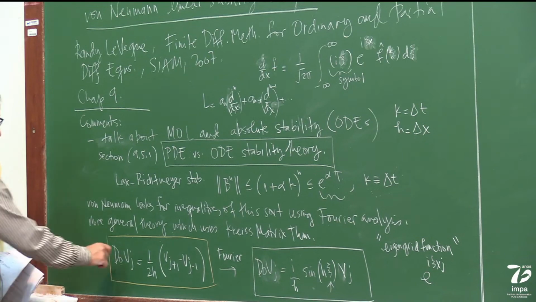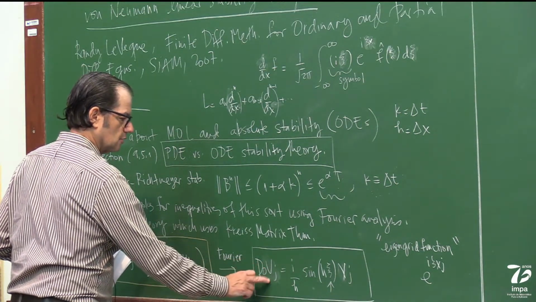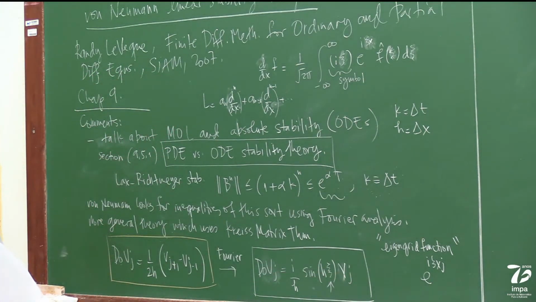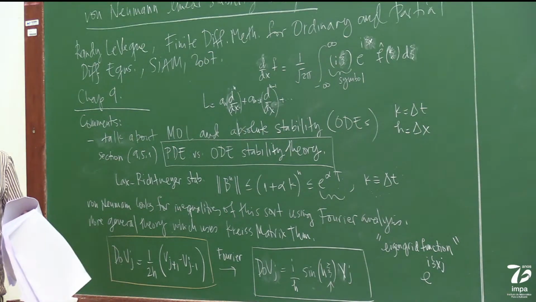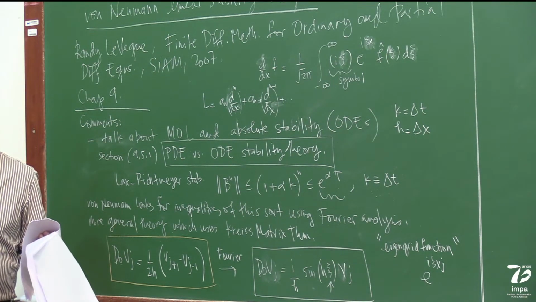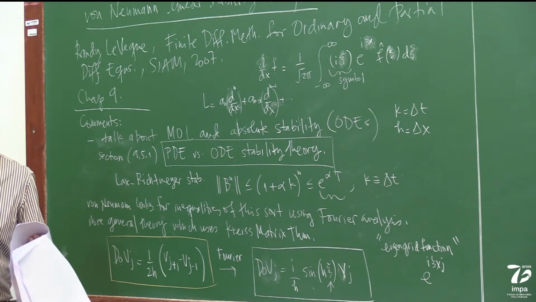Because if I apply this operator to e to the i xi x_j, we get this eigenvalue times the same function. This is a little bit like what I mentioned in the Crank-Nicolson problem: to solve a recurrence relation, depending on how it is, it's useful to use a Fourier mode.